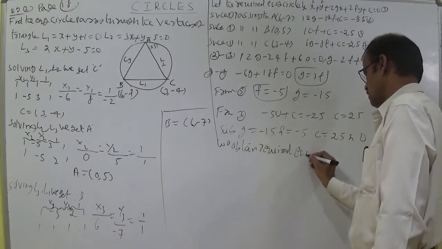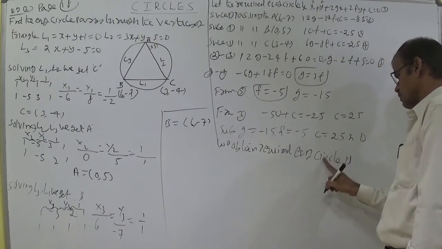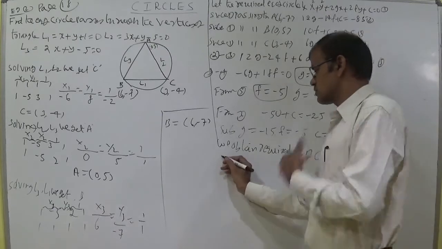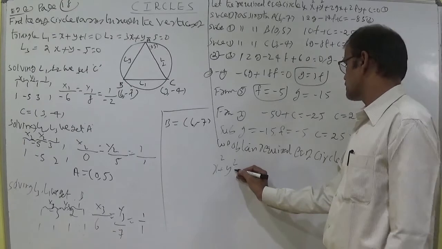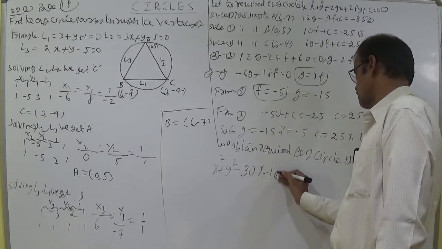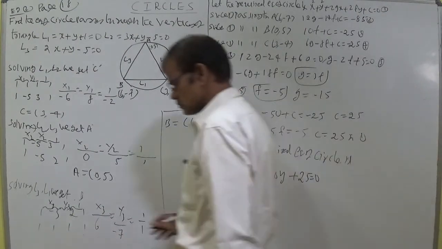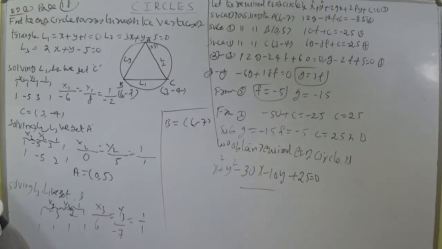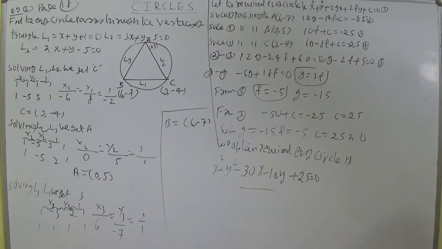We obtain required equation of circle is x square plus y square minus 30x minus 10y plus 25 equal to 0. We got the value of the required equation of circle.